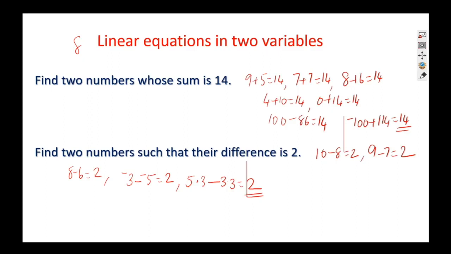So we can simply say that when we add 9 and 5, even if you add 7 and 7, 8 and 6, then also you will get 14. But one thing I can see, which are having common in both? Then I found that when I wrote 8 and 6, 8 and 6 is here also. So common solution, we can have certain numbers common for both, for first and second.